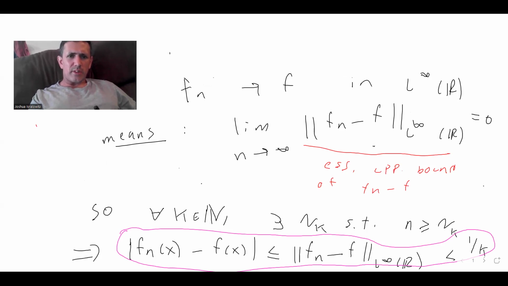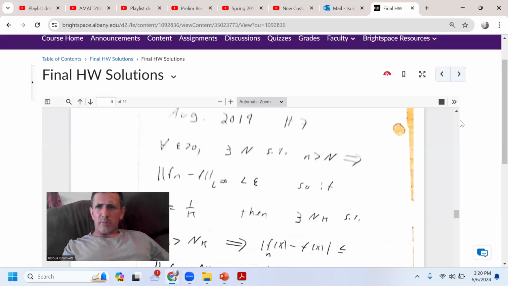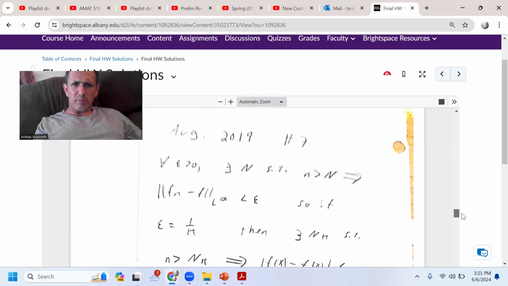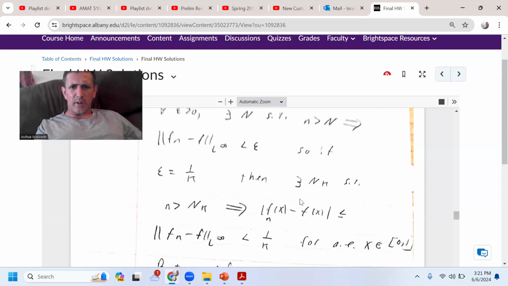Let me just do this. I think a slightly different notation, but make sure I'm sharing this. So you'd start off the same way. Pick epsilon as 1/k, and you get exactly the same thing here.